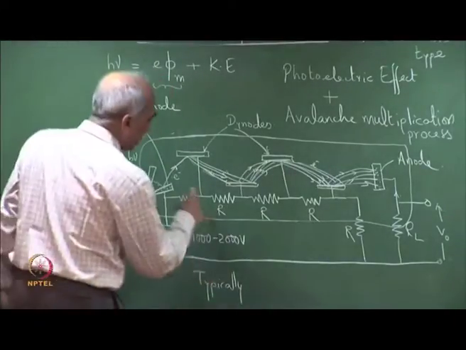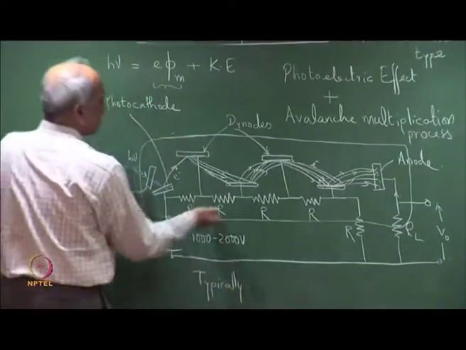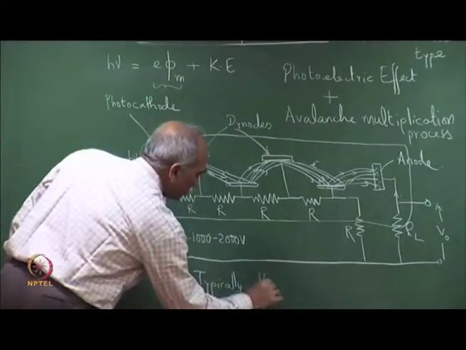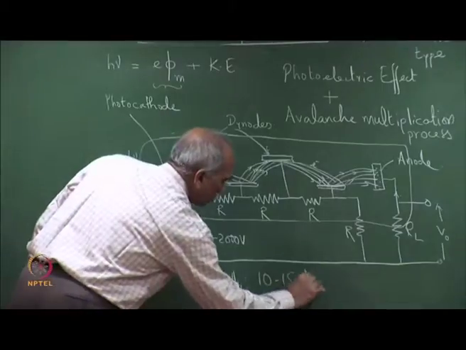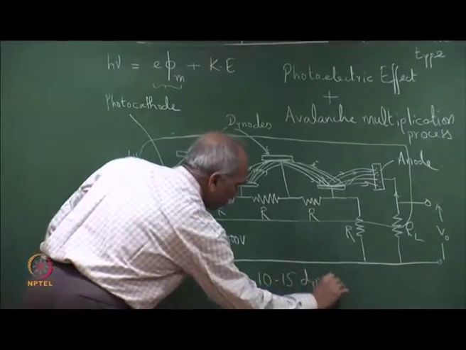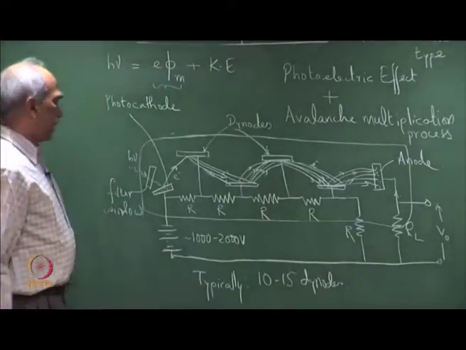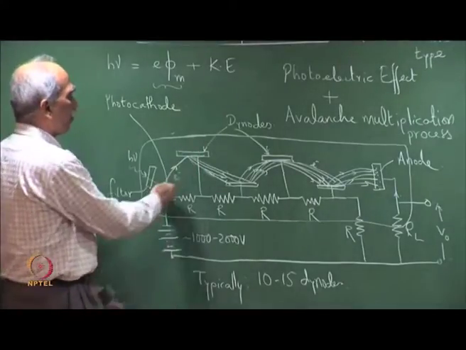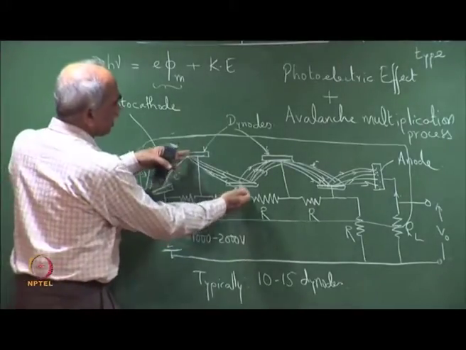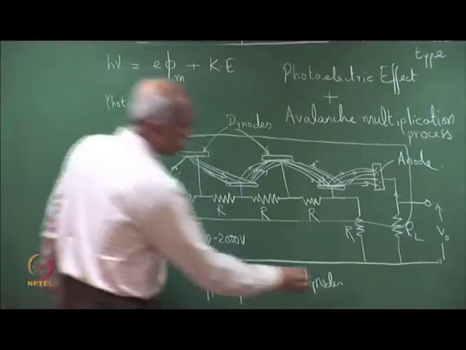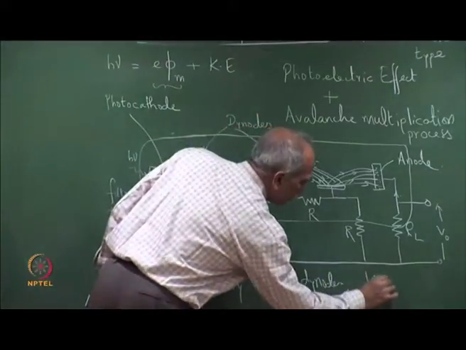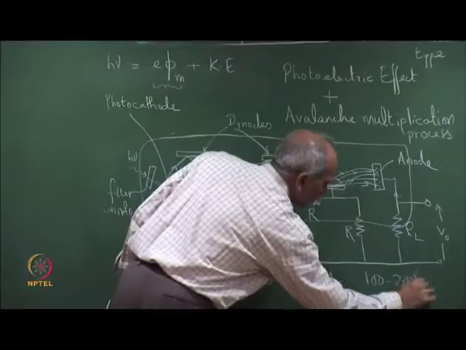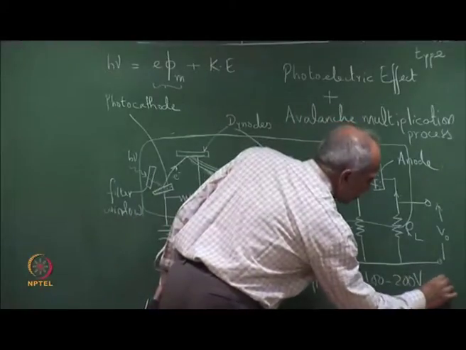Typically a PMT tube contains 10 to 15 dynodes, with an accelerating potential difference of 100 to 200 volts between adjacent dynodes. So, typically 100 to 200 volt accelerating potential.